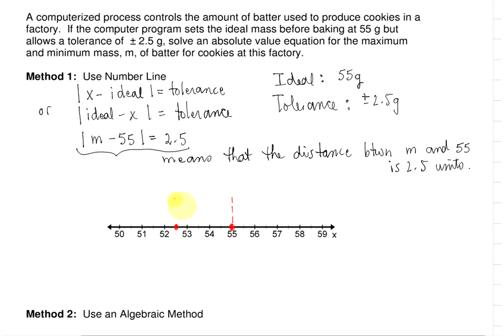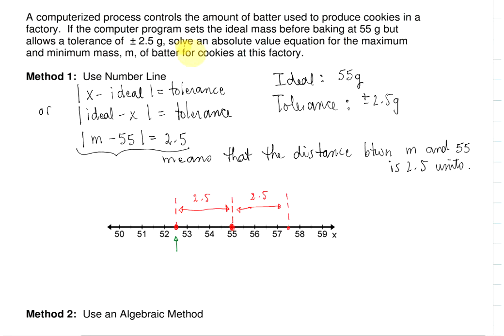I'm going to put a bar there. So the distance between here and here is 2.5. And then I'm going to go to the right 2.5 units. So 1, 2.5, and that's 2.5 units.